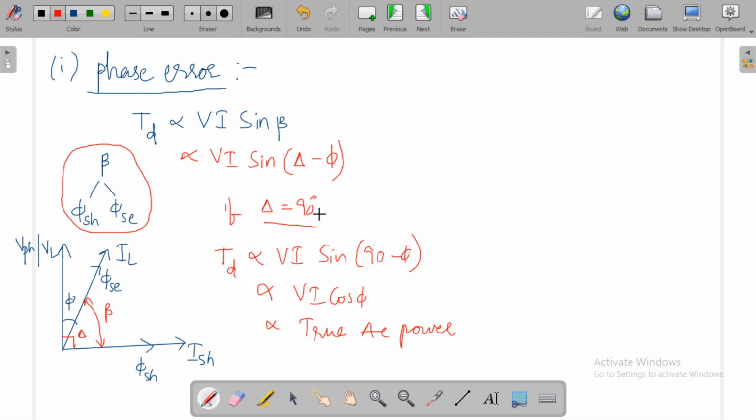How can I make delta 90 degrees? Making delta 90 degrees means ISH lags behind the voltage by an angle of 90 degrees.